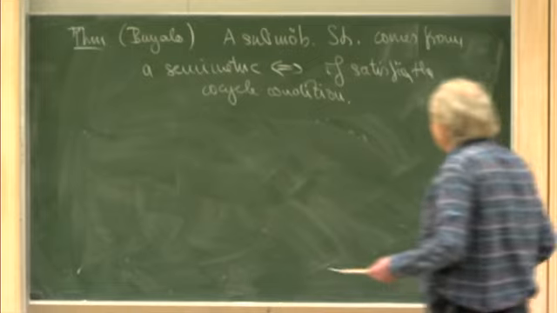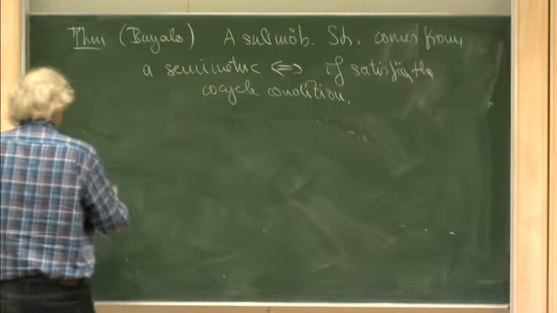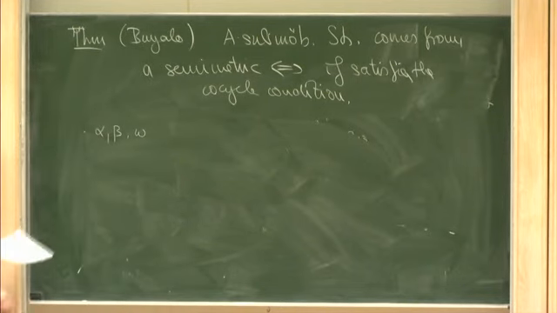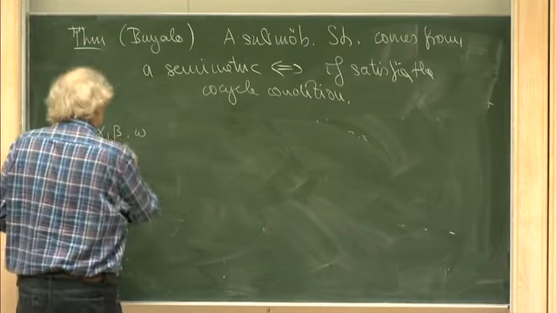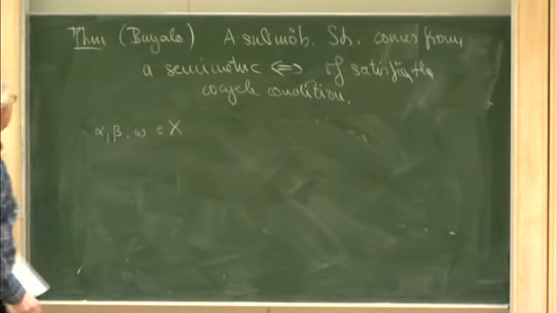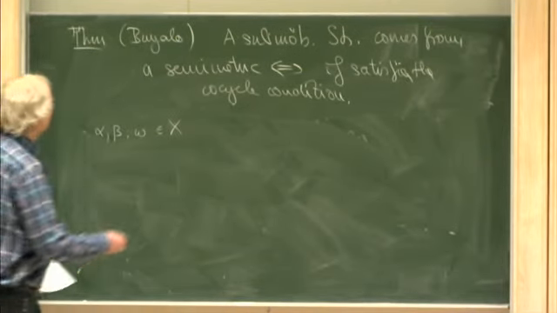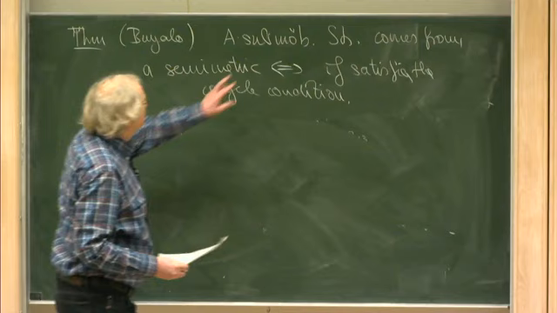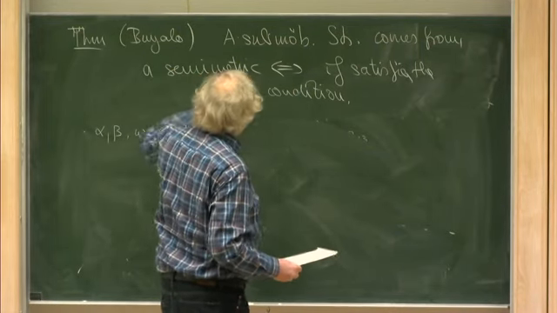Actually, one can finally say the following. You choose 3 different points in X, and let's assume you have a sub-Moebius structure, and you want to show that it comes from a symmetric.